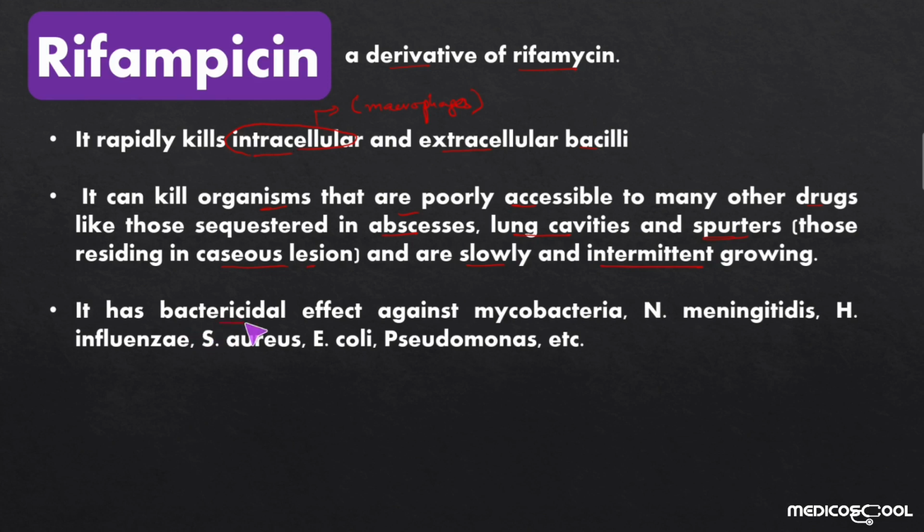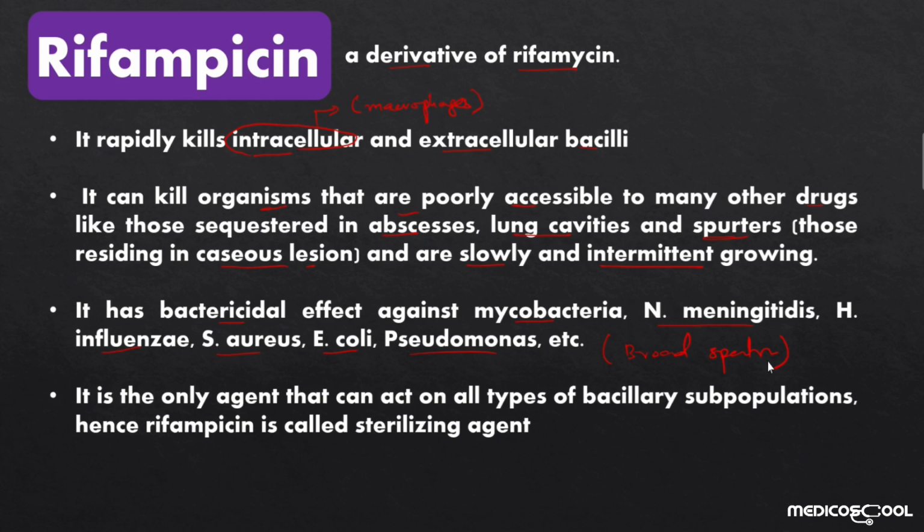It also has a bactericidal effect against the mycobacteria, as we have already discussed. It is also active against Neisseria meningitidis, H. influenzae, Staph aureus, Escherichia coli, and Pseudomonas. So it is mainly a broad spectrum drug, and it is the only agent that can act on all types of bacillary Mycobacterium subpopulation.